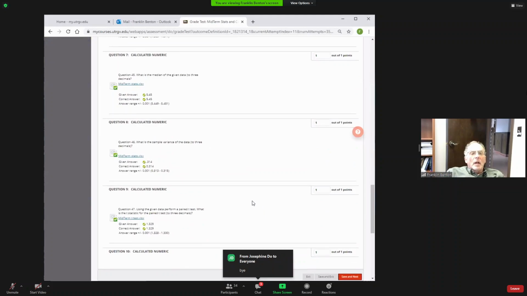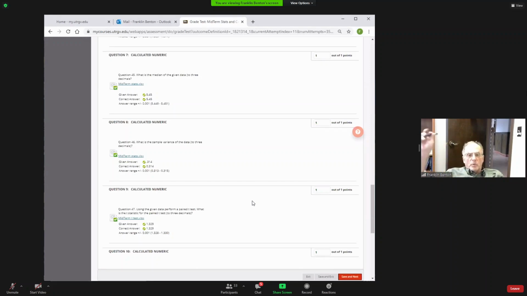9. Using the given data, perform a paired t-test. Now this one I know we had problems with because some people couldn't get the stats to work. Is there anyone here that had problems with that? Because we had some people that would highlight and it wouldn't stay selected and all.